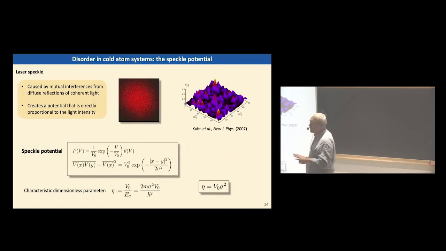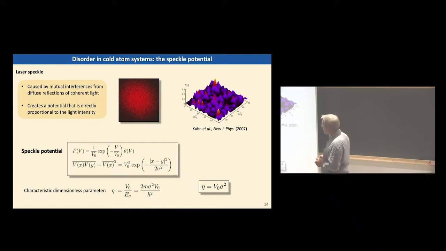So I've spoken about tight binding models. I will also speak about continuous models. In the continuous case, very often I will talk about this type of disorder because we are working with cold atom people, with the team of Alain Aspect at Institut d'Optique. And the type of disordered potential that we use in the continuous model is this one.